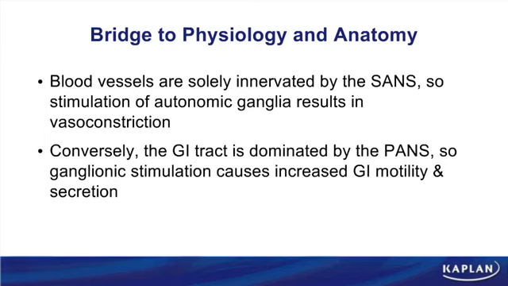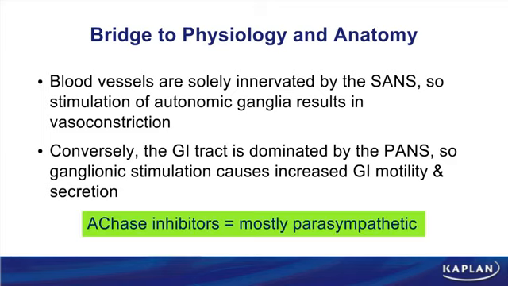This is the reason why, if you give somebody an acetylcholinesterase inhibitor and you raise the levels of acetylcholine, that means you're going to potentially activate all sympathetic and all parasympathetic pathways. So why is it that the effects of an acetylcholinesterase inhibitor look mostly parasympathetic? It's because parasympathetic is the dominant system for most organs.